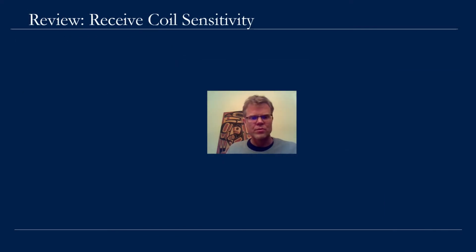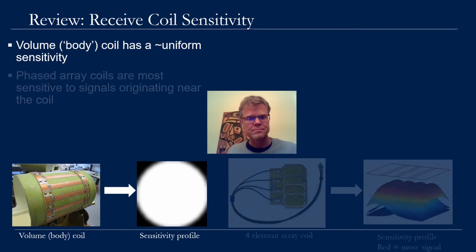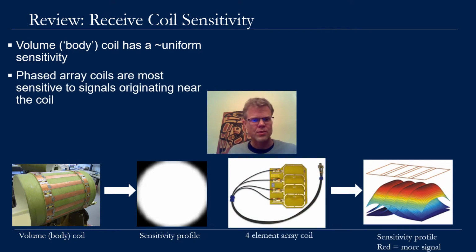So let's review what receive coil sensitivity means. We might have our transmit coil, a volume or sometimes called body coil, that has a large homogeneous sensitivity profile. That means it creates the same magnetic field over a large volume. But our receiver coils are most sensitive right near the loops of wire.